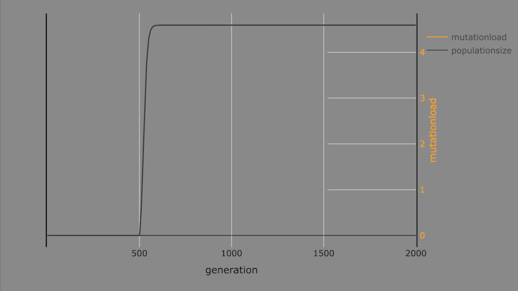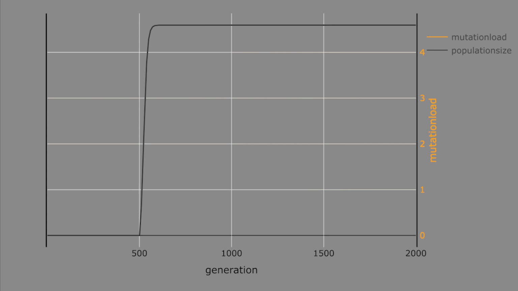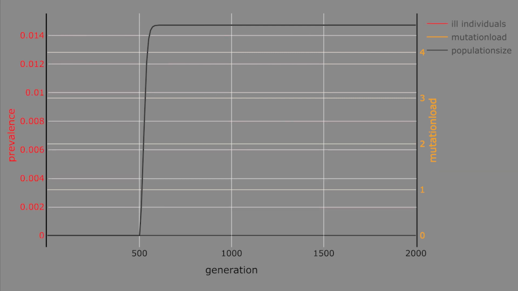The mutation load, which is the average number of mutations per individual, is plotted on the right y-axis. The prevalence, defined as the percentage of individuals with ARID in the overall population, is plotted on the y-axis on the left. We worked with the forward genetic simulation framework SLiM, with a Wright-Fisher model, which means that the generations do not overlap.